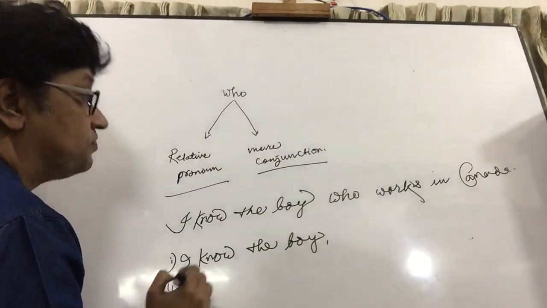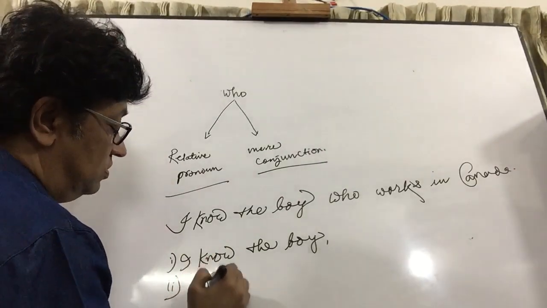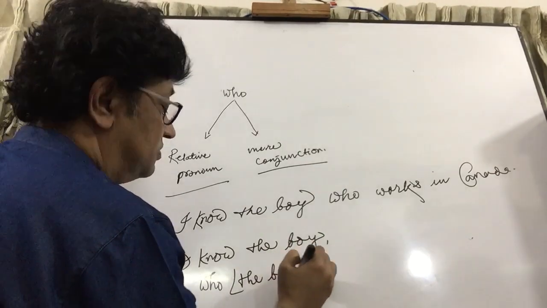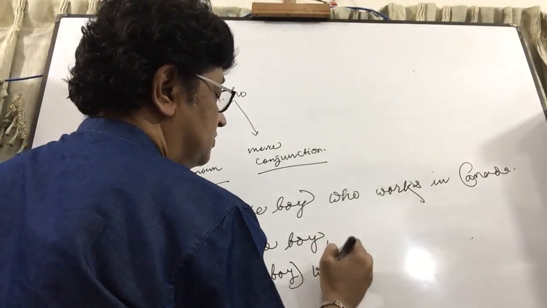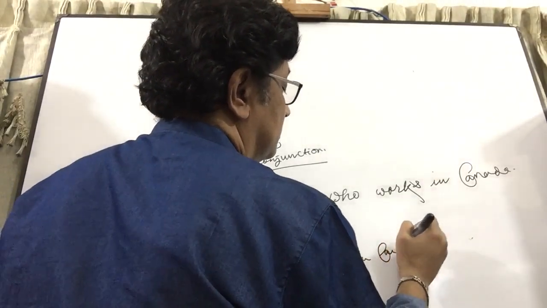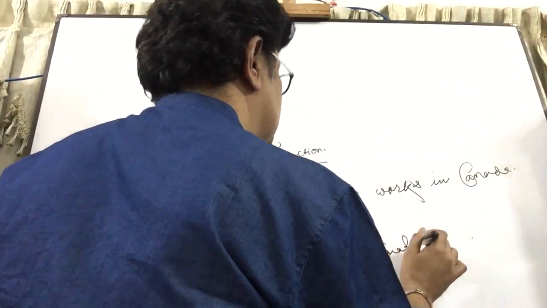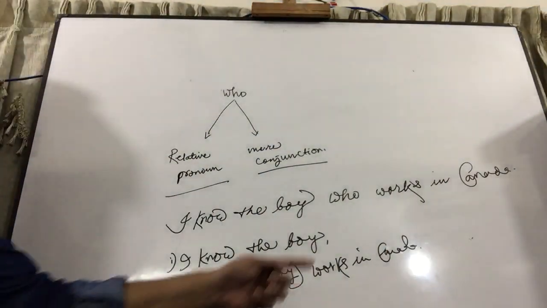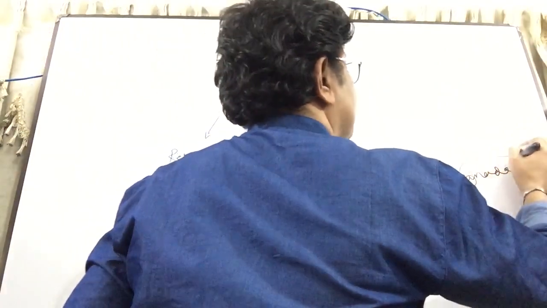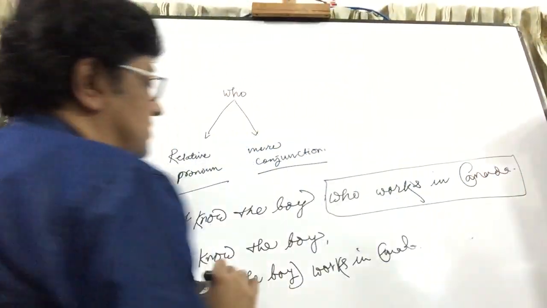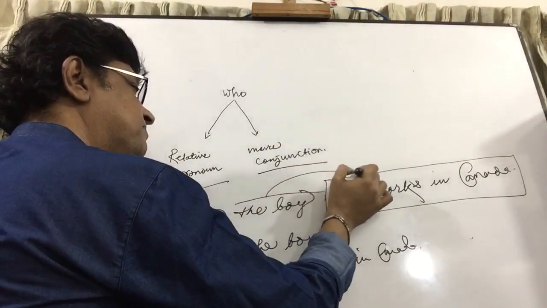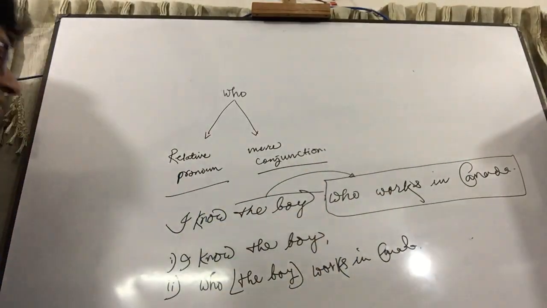The next one, who works in Canada. Who means what? The boy. The boy works in Canada. Here you can see that who works in Canada is the information or description given about the boy. Understand?